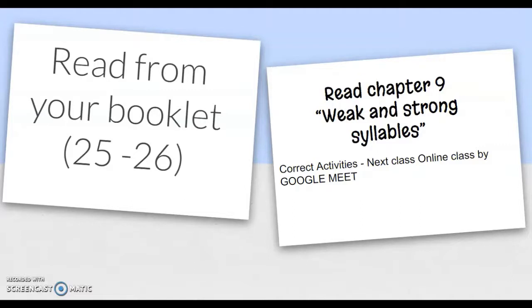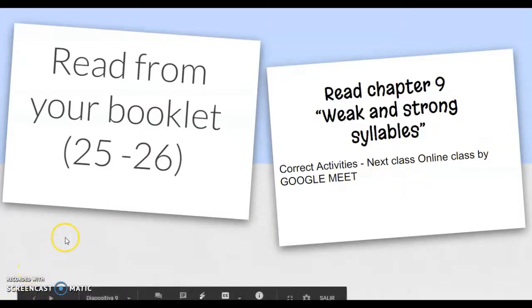That chapter from Peter Roach called Weak and Strong Syllables. So you have to read it for next class. Don't do the activities at the end, because we're going to do them in Google Meet next class. We're going to connect to solve the activities.